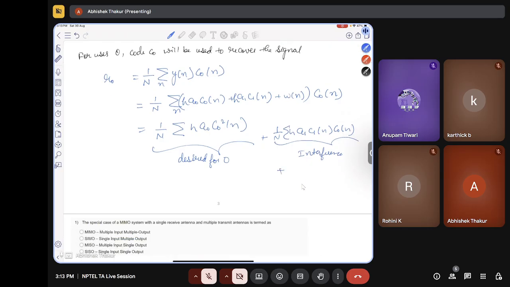There will also be an additional noise term, 1 by N summation of W[n] C0[n].